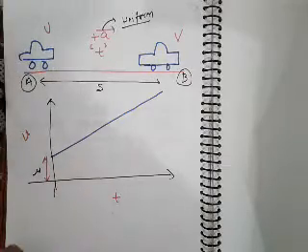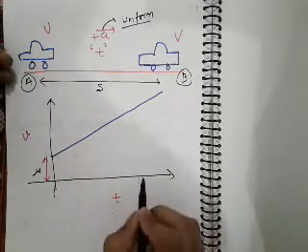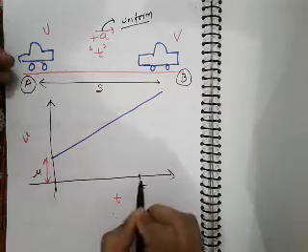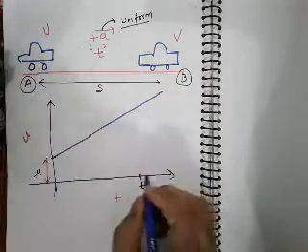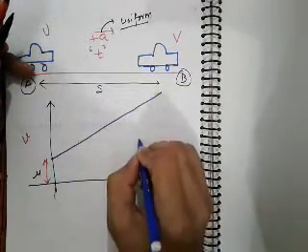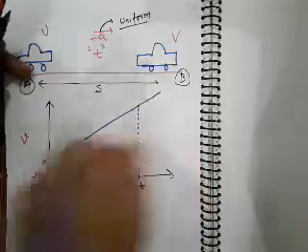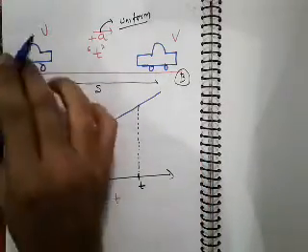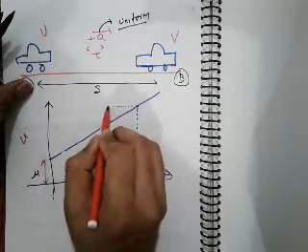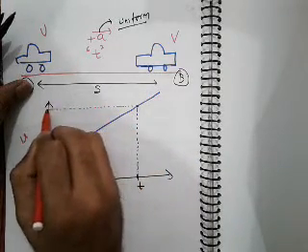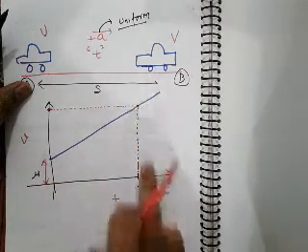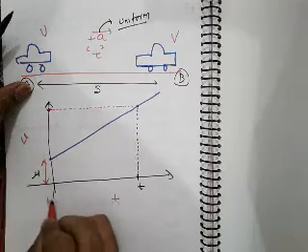Assume the final time on this axis is t. Now draw a line perpendicular to the time axis and meet it with the graph, and again draw another line horizontal, parallel to the time axis, and meet it with the velocity axis. At the final time t, here the time is 0.